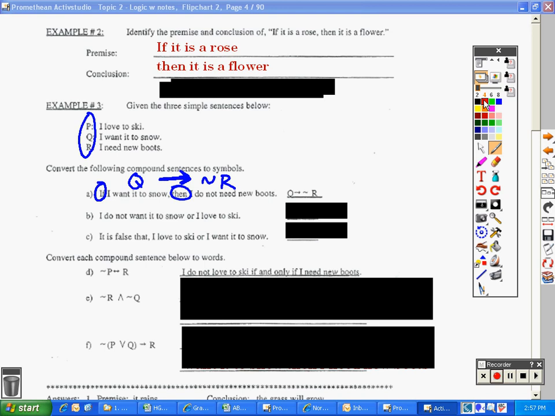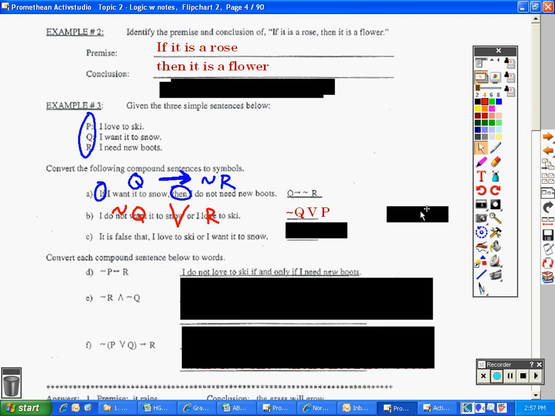Okay, I want it to snow, we learned, was Q. But this is the opposite of Q, so it's negative Q. I love to ski is the letter P. And we want to link these two together with the symbol that means or. And looks like an A, but or is the opposite of it, so it's a downwards arrow. So our final answer is negative Q or P.